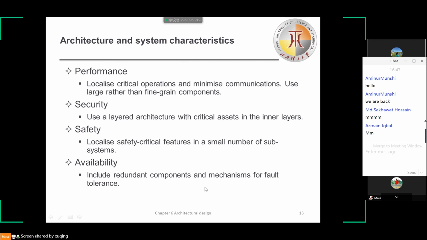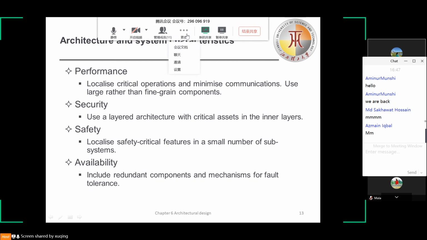Ma'am, does that mean some kind of update? Like sometimes some app gives you an update and says they have fixed some bugs. Is it something like that, when you talk about availability? It's like that because availability is about when we have to replace or update some components, we don't need to stop the system.